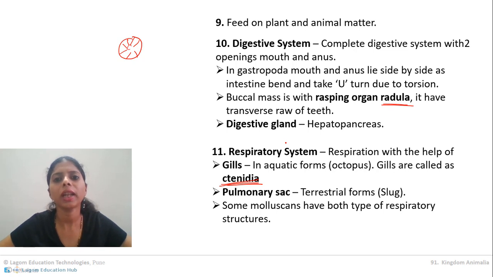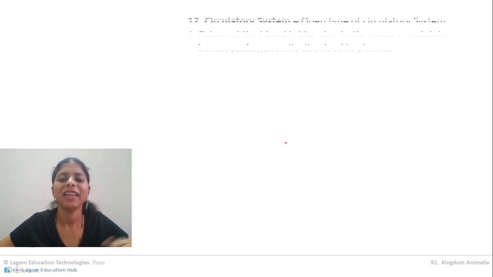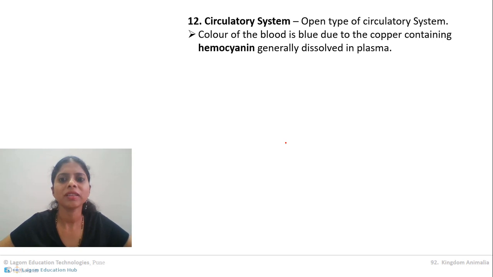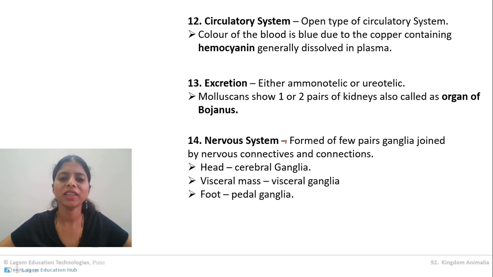It stays on land, so it needs a pulmonary sac, meaning an organ which can breathe air. Next is the circulatory system, an open type of circulatory system with hemocyanin. And excretion, ammonotelic, with the organ of Bojanus. Remember this name. Kidneys are called the organ of Bojanus, and this is a favorite question for your MCQs.